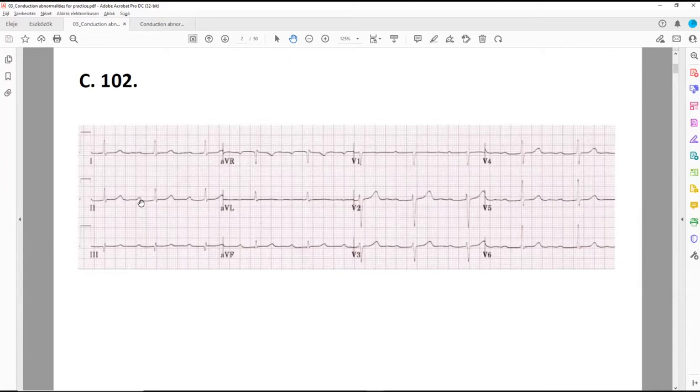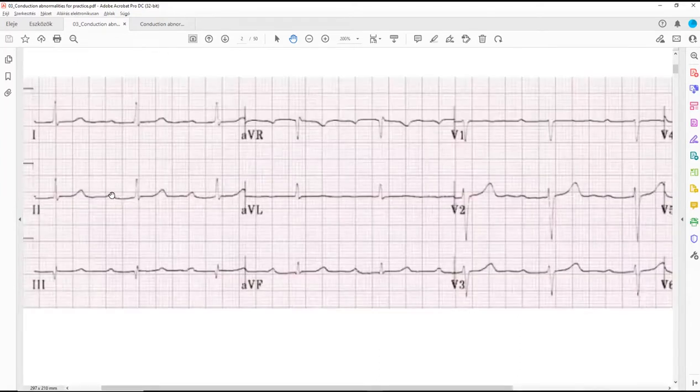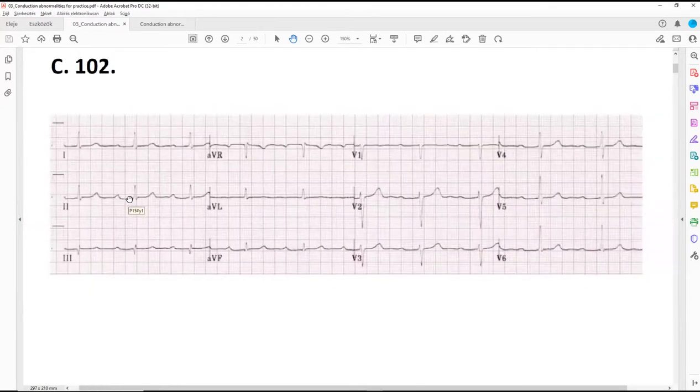If we take the time of the PR interval, it's about 9 millimeters, which we can then divide by 25, which gives us a length of 0.36, which is very long. Yes, exactly.